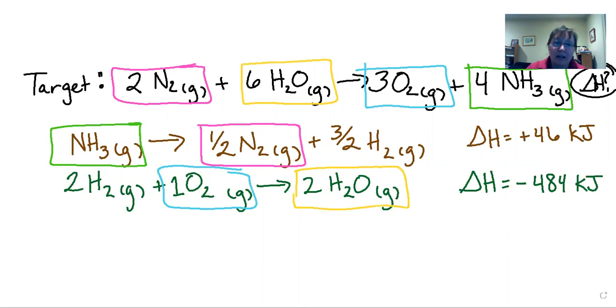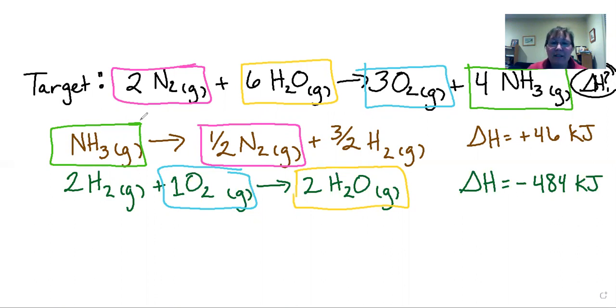So let's take a look at our reactions now. First of all, let's take a look at this first one. We need this to be reversed, because see how we have 4 moles of ammonia on the right in our target reaction, in our products, but we have 1 mole of ammonia here in our reactants?